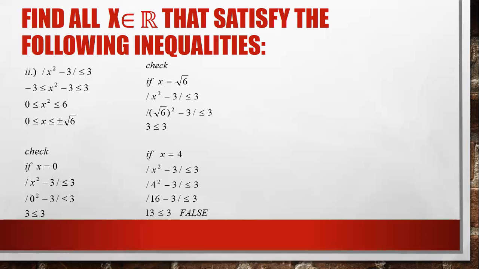The square root of 6 squared is equivalent to 6 because we can cancel out the square and the square root. So we have 6. So 6 minus 3 is equal to 3. And 3 is less than or equal to 3. Therefore, the value of x, which is the square root of 6, satisfies the equation.